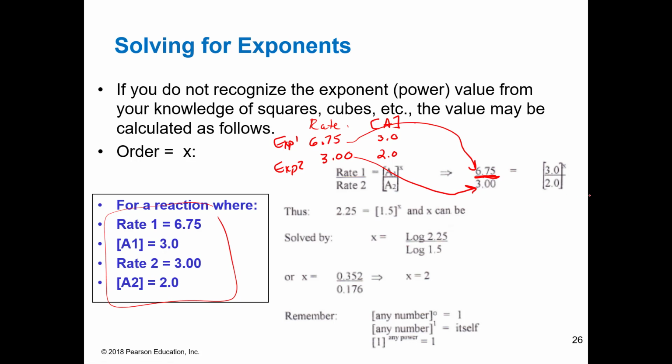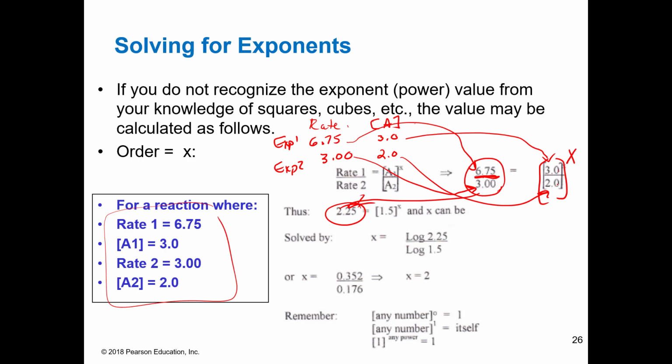And then set that equal to, it's got to be in the same experiment, so 3 over 2, and that whole thing will be raised to the x. Now, if you're raising something to a power, the way to get rid of it is to take the log of it, okay? So in this next step, what we've done is we divide 6.75 by 3 and you get 2.25. Okay? And 3 divided by 2 is 1.5 raised to the x.